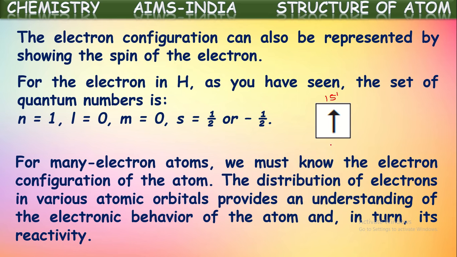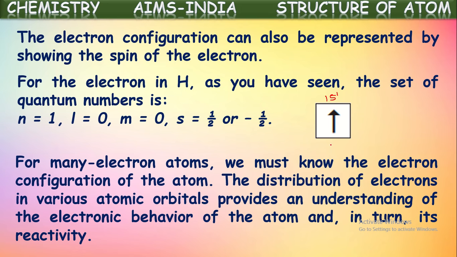For many-electron atoms, we must know the electronic configuration of the atoms. As hydrogen has only one electron, we have simply represented it here with the diagram. But for multi-electron atoms which have more electrons, first we have to know how to write the electronic configuration. The distribution of electrons in various atomic orbitals provides an understanding of the electronic behavior of that atom, and in turn its reactivity is also known.